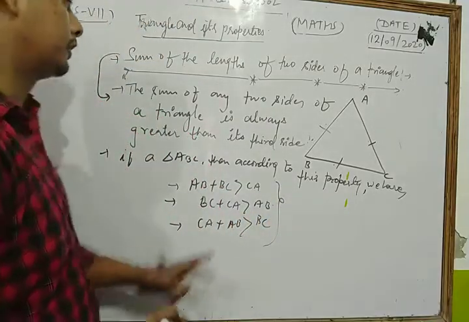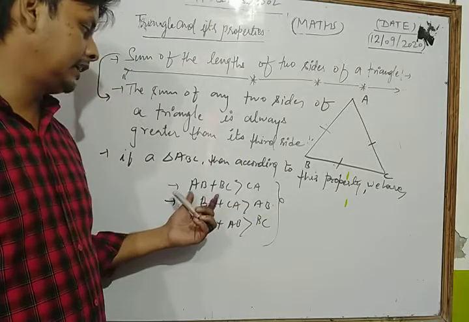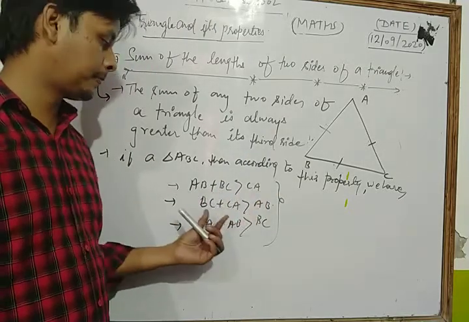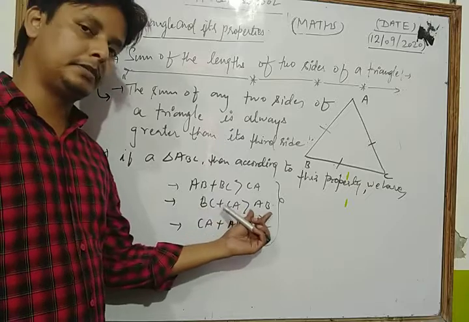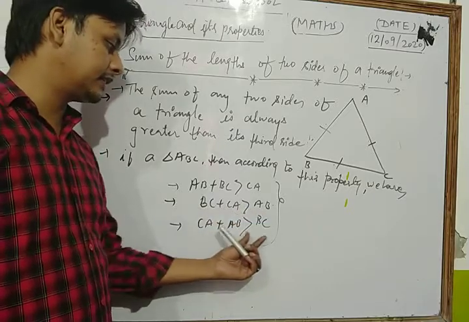So according to this property, dear student, we can write AB plus BC is greater than CA, BC plus CA is greater than AB, CA plus AB is greater than BC.